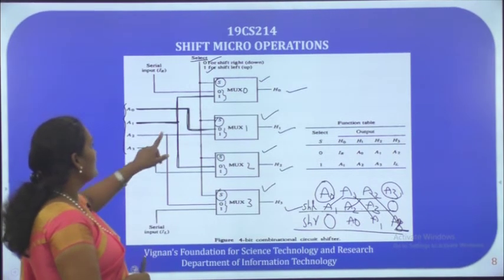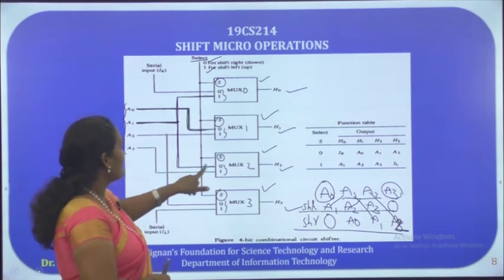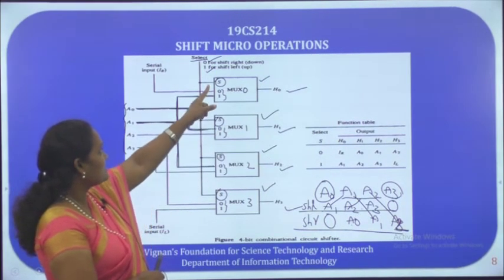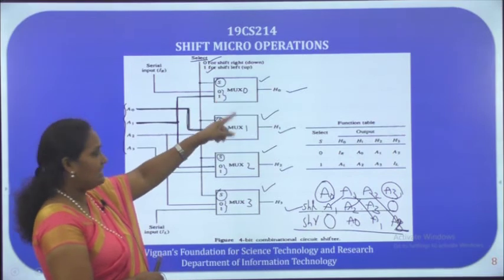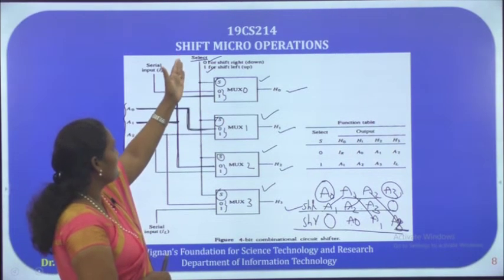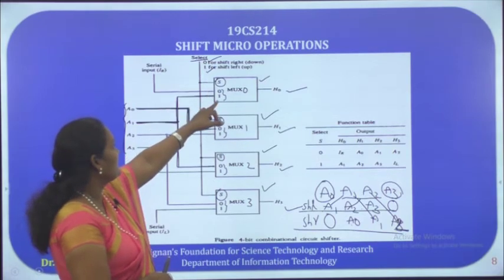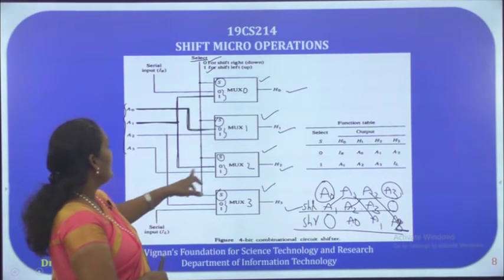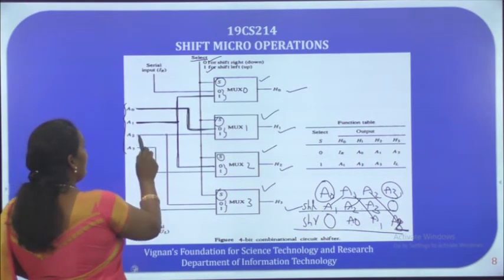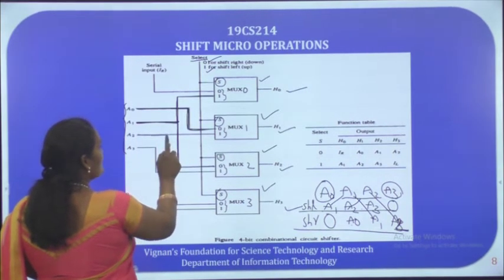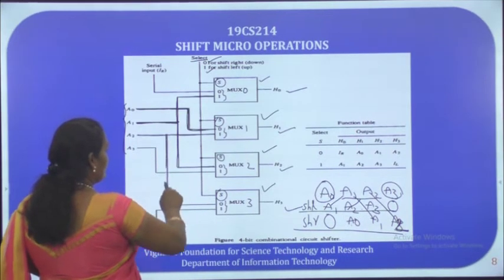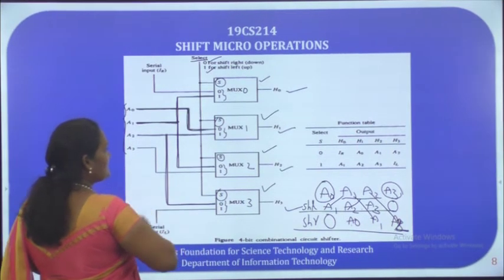Why are we connecting one side to 1 and one side to 0? 0 indicates a right shift, 1 indicates a left shift. If connected to 1, it is moving in the left shift direction. So that's why we connected A1 to 1 here and to 0 here for indicating the right shift. Coming to A2, A2 is also connected to 1 of multiplexer 1 and 0 of multiplexer 3.